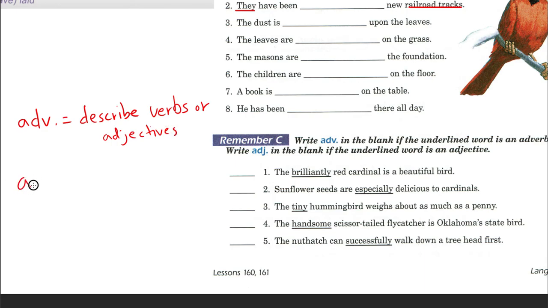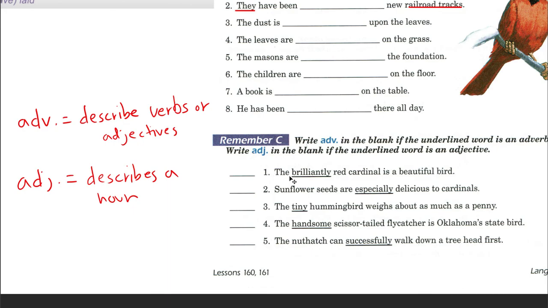And an adjective, ADJ, period, describes a noun. So you would have to decide whether the underlined word is describing a verb or an adjective, which would make it an adverb, or if the underlined word is describing a noun, which would make it an adjective.